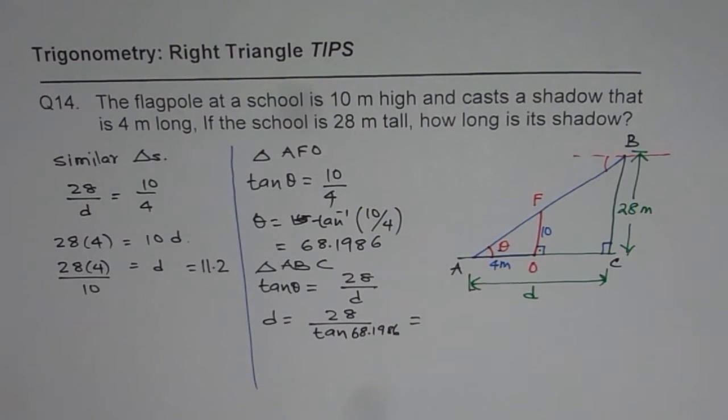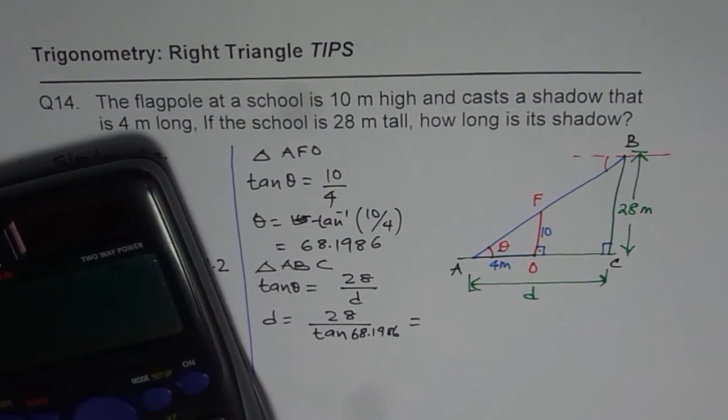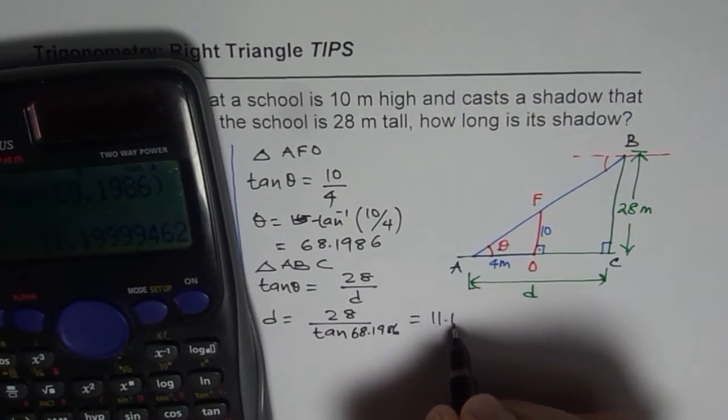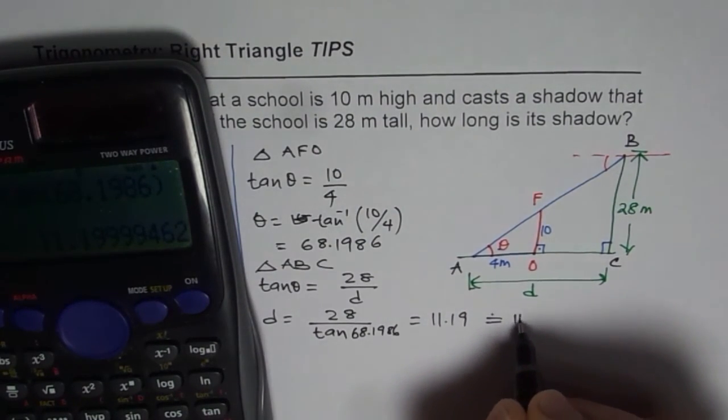So we use the calculator once again: 28 divided by tan of 68.1986 equals 11.19, which can be rounded to 11.2.